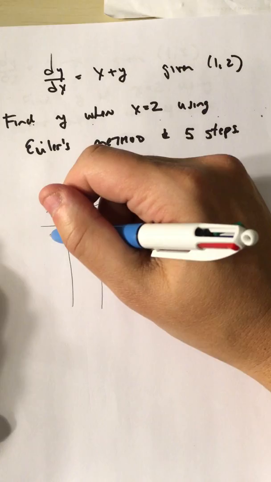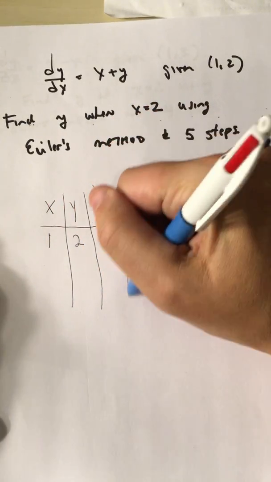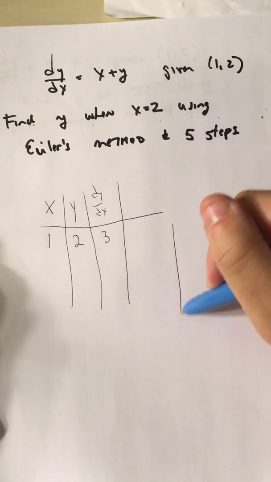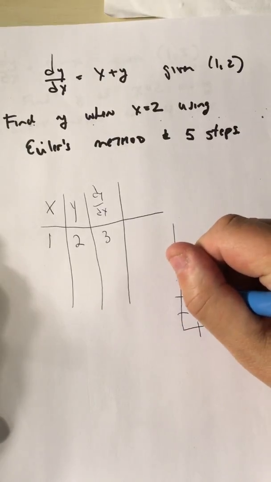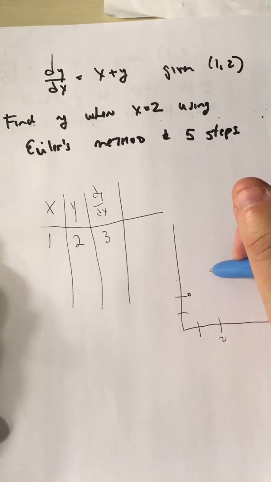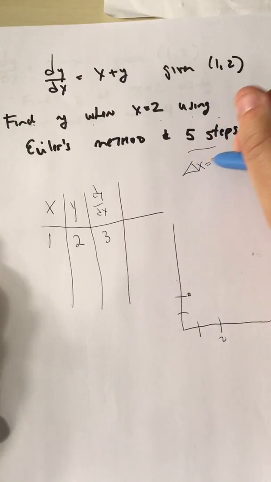I'm starting at the point (1, 2), and dy/dx is 3. I'm going to sketch a little graph right here. Now instead of going all the way over to 2, I'm going to go there in 5 steps, which is my step size. Delta x is going to be 0.2.